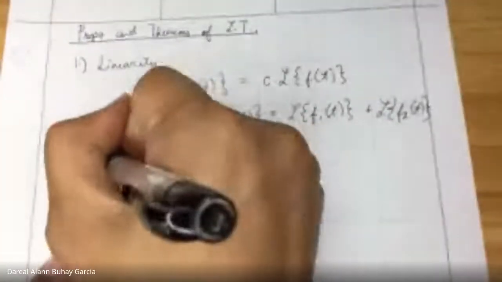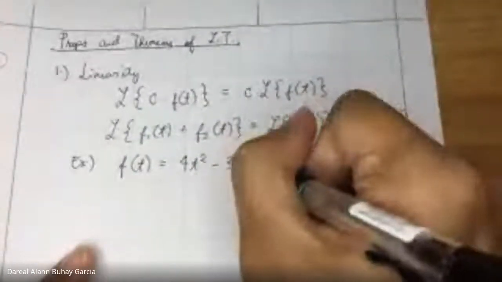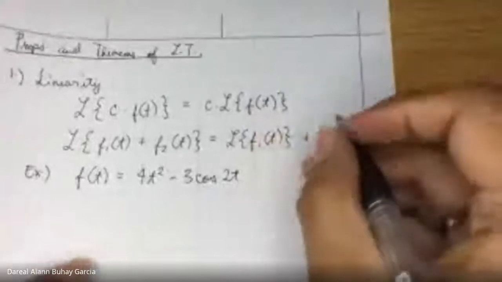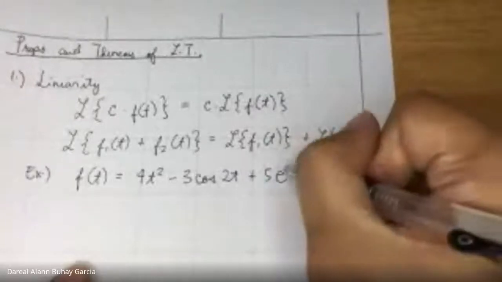So, an example. We are given the function 4t squared minus 3 cosine 2t plus 5 e to the negative t.